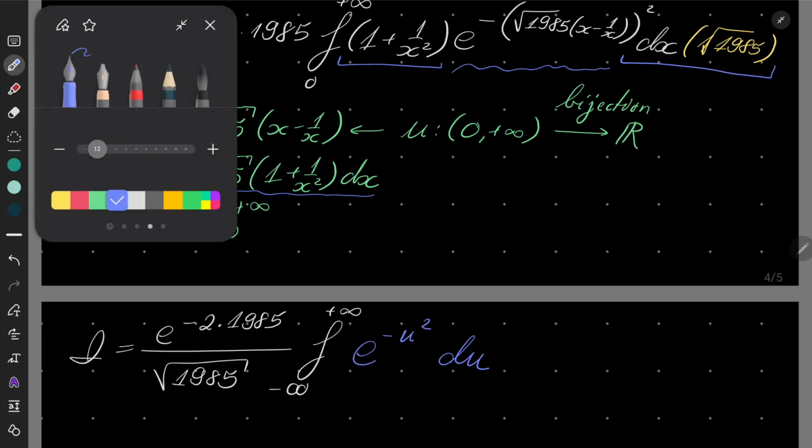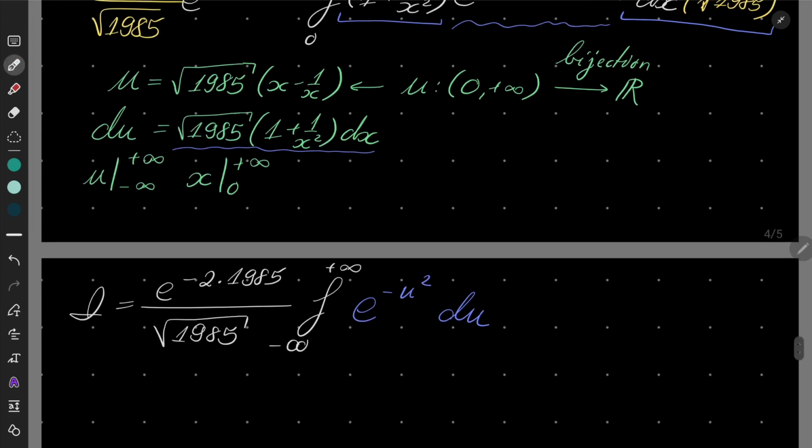The famous Gauss integral. And by the well-known result, this integral is in fact equal to the square root of pi. I will not prove it here because the proof is quite lengthy. You can find it in practically every standard mathematical analysis calculus textbook, or on Wikipedia, or on YouTube for that matter.